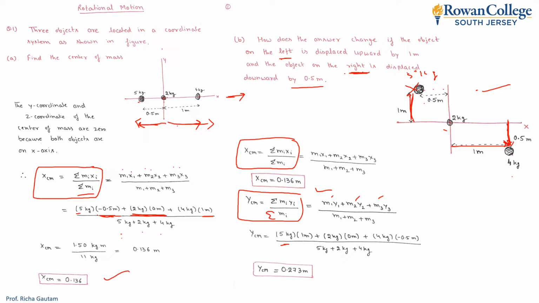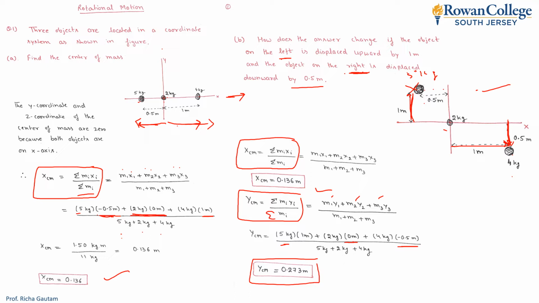The next 2 kilograms is at the origin, so its y distance is 0, and the 4 kilograms is at a distance of negative 0.5 meter from this axis. We just plug in the y-coordinates here, and you'll get the y-coordinate for the center of mass as 0.273 meter.